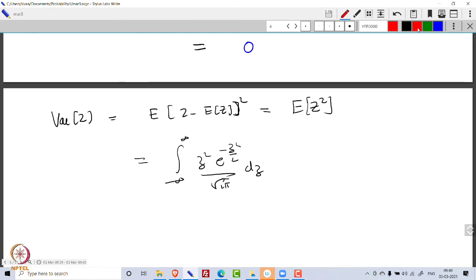Now here's again a calculus exercise. You can easily show that z squared e to the minus z squared by 2 is also bounded by an exponential, so there is a c2 bigger than 0 such that e to the minus c2 z. This is for all z, but I'll use it for positive.